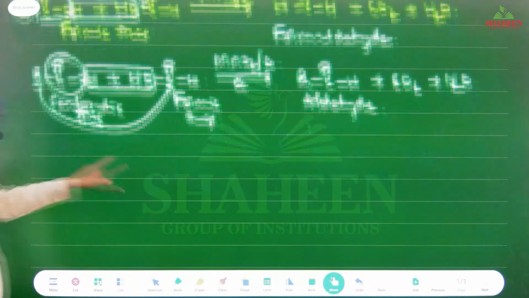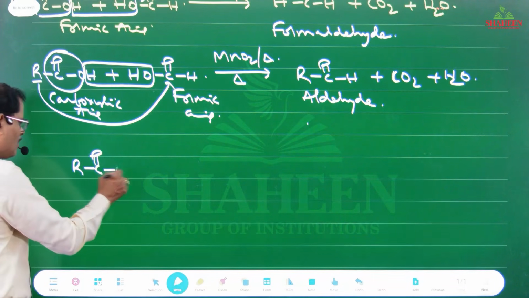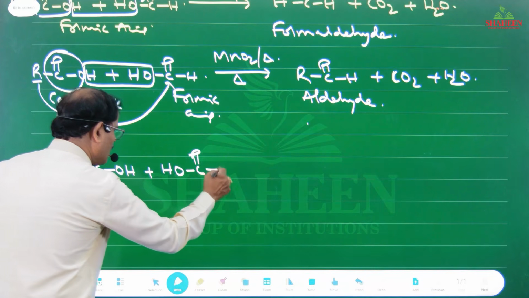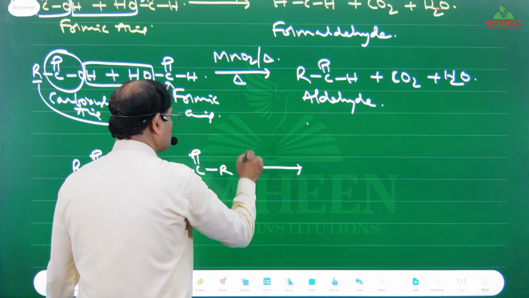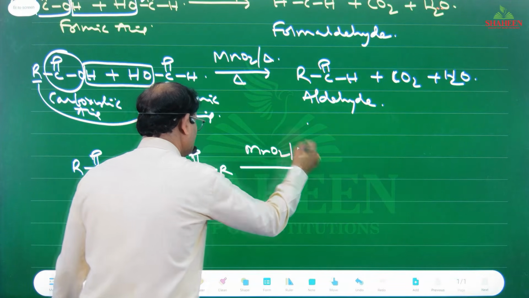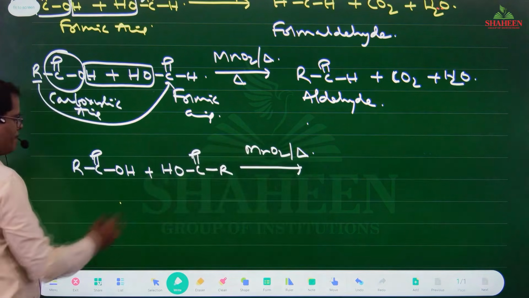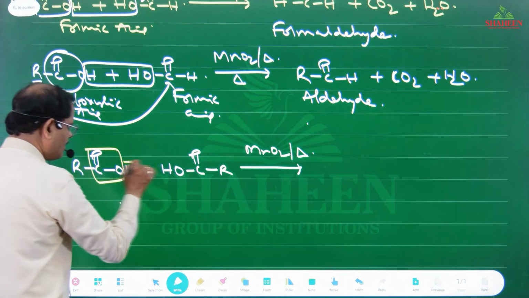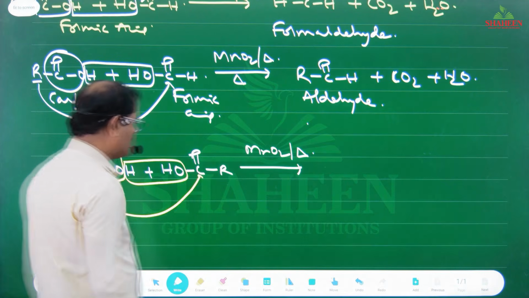Similarly, if only the same carboxylic acid is taken, RCOOH and HOCOR, and here also manganese dioxide and heat. Here also this one is carbon dioxide, and from here water, and this alkyl group is bonded with this one.